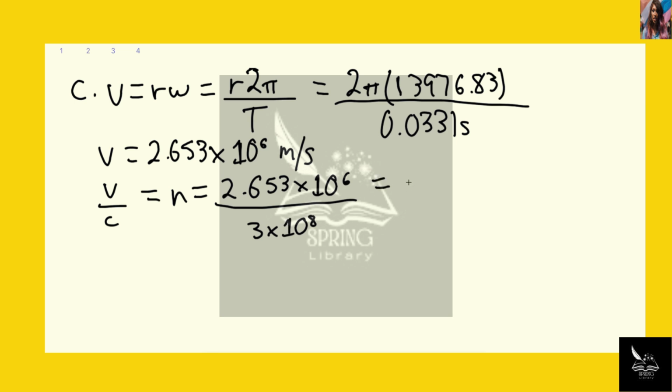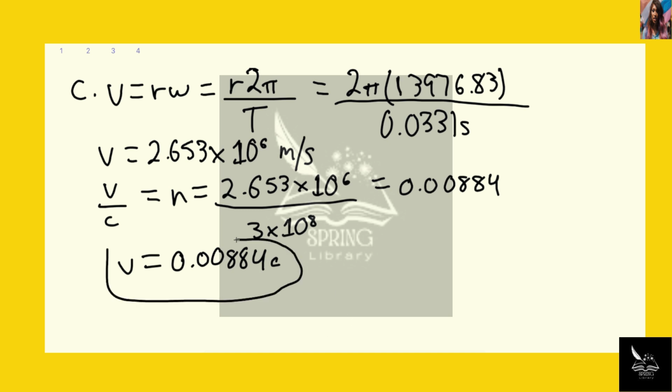And this is going to be 0.00884, which means that v, the translational velocity of the nebula, is going to be 0.00884 times c, the speed of light. So this will be your answer for C.